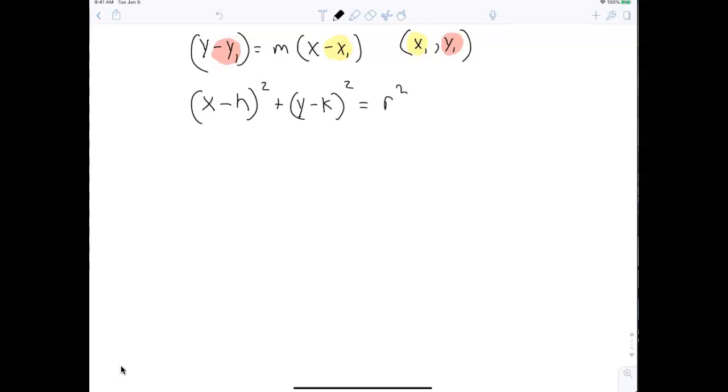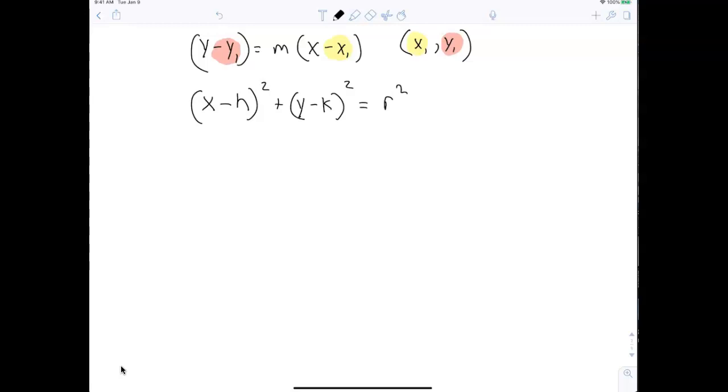That's the form you need to be in so you can identify the center and the radius. Now, h and k, for whatever reason, is the letter they chose for the center of the circle. If you remember parabolas from last year, h and k was also the vertex of a parabola. So it's just standard.